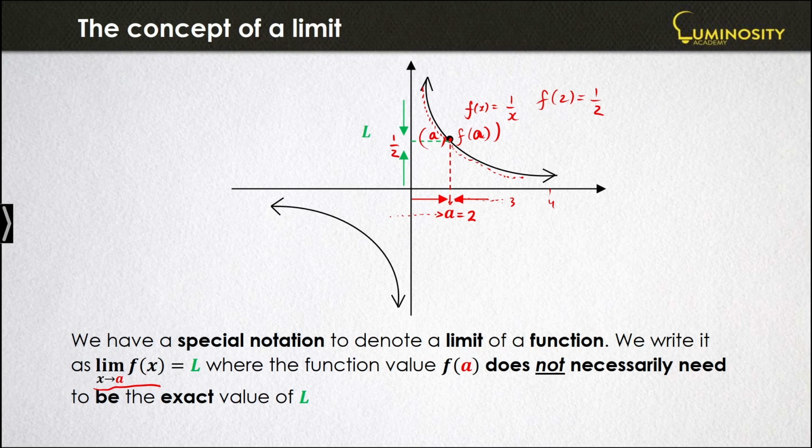So the limit here we say exists, and we write it as the limit as x approaches 2 of the function 1 over x is equal to a half. And it so happens that the value of the function at 2 is also a half. So this agrees with the function value at 2.